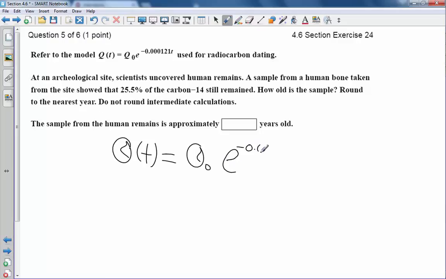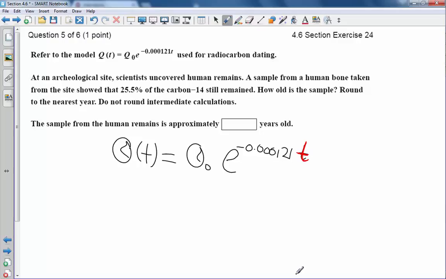What we know is how much carbon decays over the years. Carbon decays at this rate in bone, okay? And we are looking for time, how long passed to drop to the value of 25%. So this is our princess we are looking for. This is the unknown.